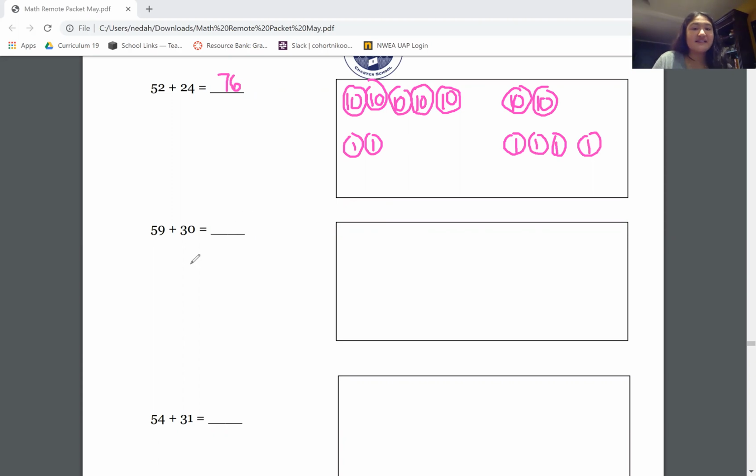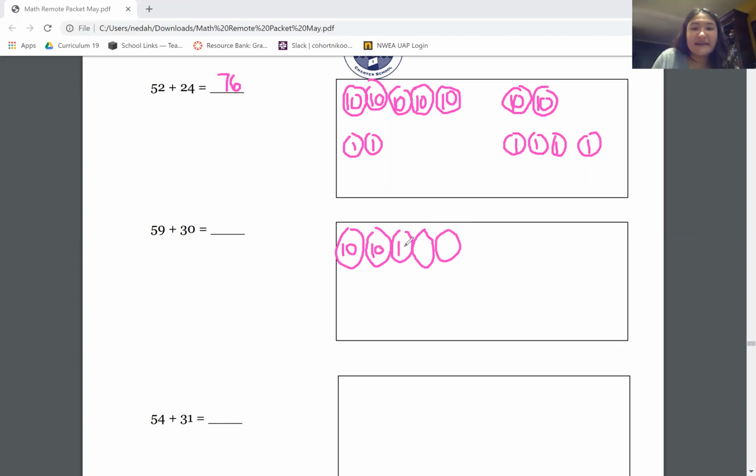The next one says 59 plus 30. How many tens am I going to draw to show 59? Or how many dimes am I going to draw to show 59? I'm going to draw 5 dimes. Let's do it together. So I have 1, 2, 3, 4, 5 dimes, and go ahead and label them as dimes.